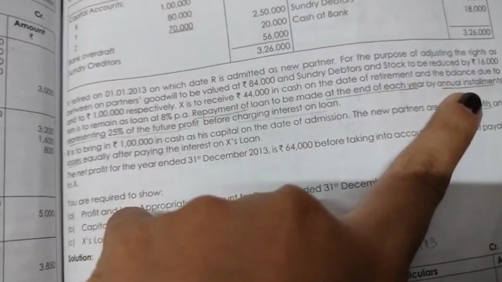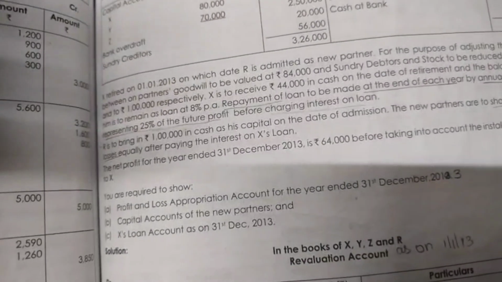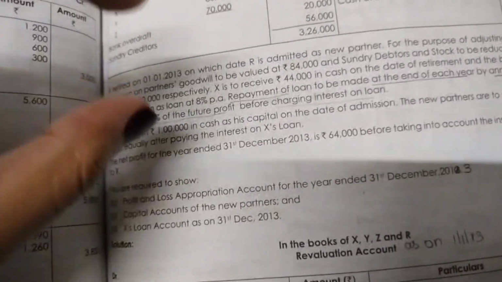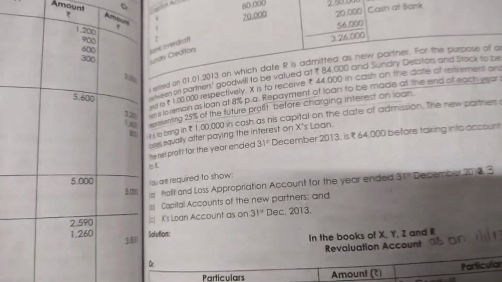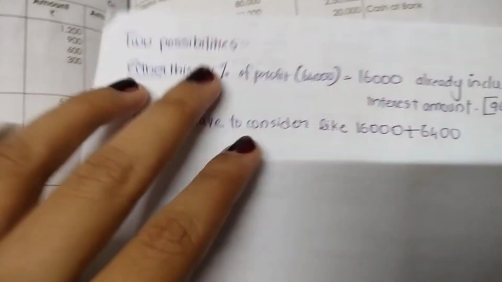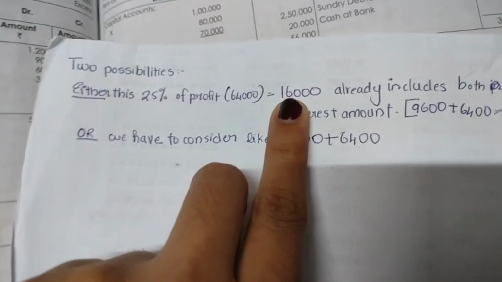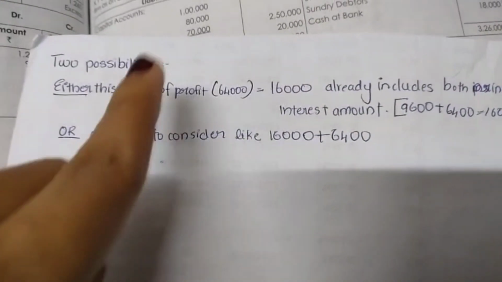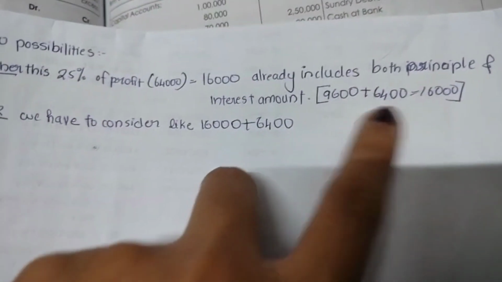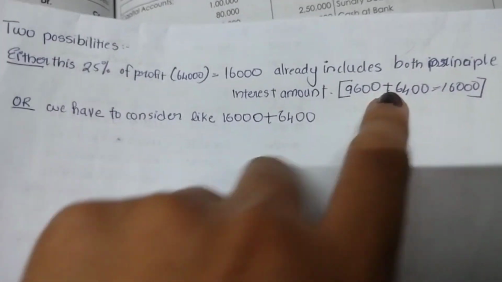Installment means that it includes both principal and interest amounts. So most probably my first possibility is what is going to happen, because they have only written 60,000 there. Usually we write both principal and interest amount. So I think they are going to consider it like this, including both, it becomes 60,000.